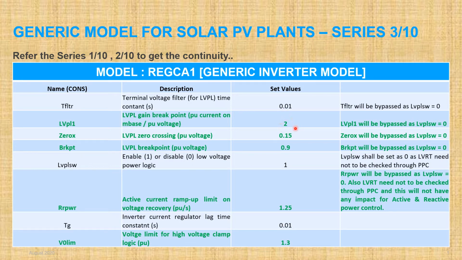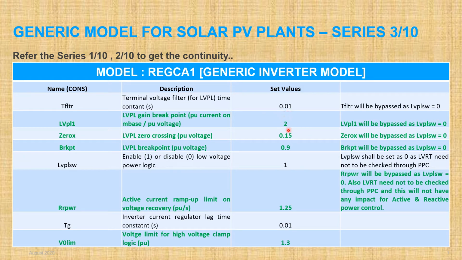If you have gone through the grid codes of various countries, you will see there is a provision to set the K factor. At the time of a fault at the POC, this decides the contribution to the grid: the amount of reactive current to be contributed to the grid when there is a fault at the PV plant is guided by this.